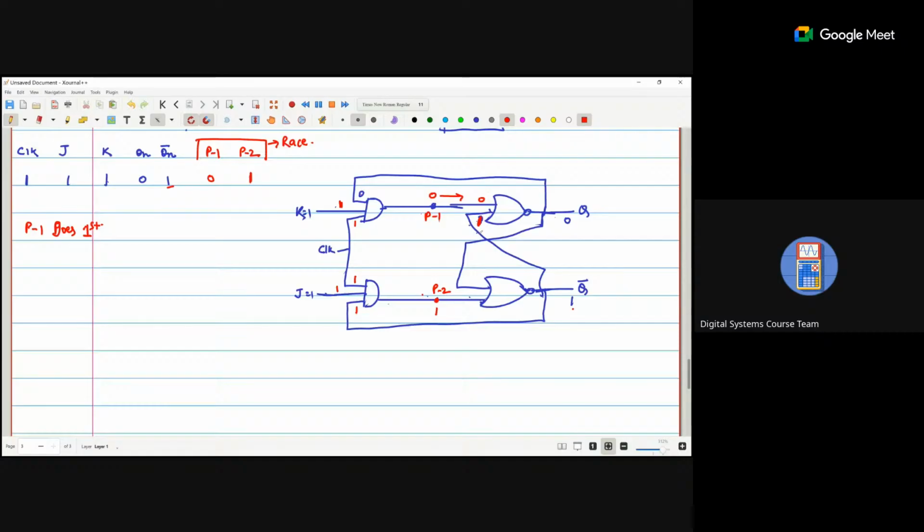So 0, 1 becomes 0. Okay, so Qn plus 1 becomes 0. Now this 0 feeds here, this is 1. So 0, 1 becomes 0. So Qn plus 1 bar also becomes 0. That is an invalid condition.